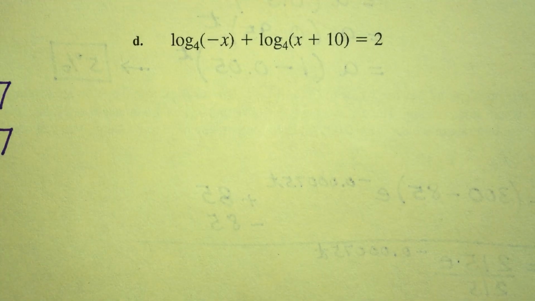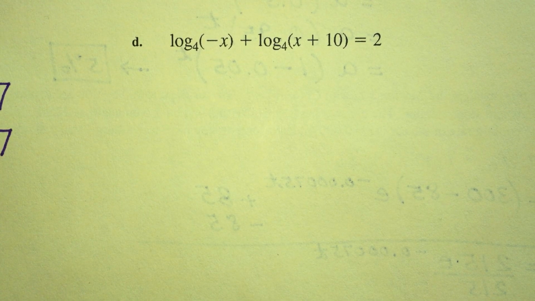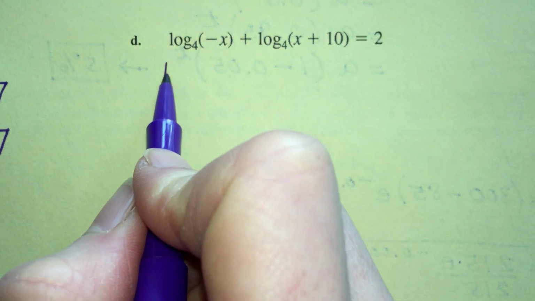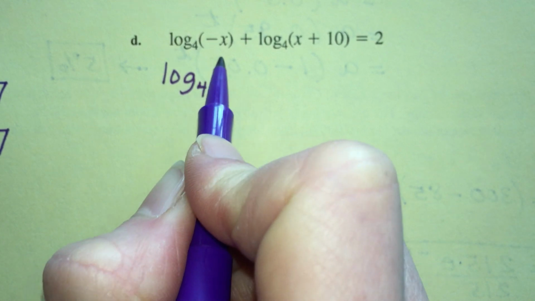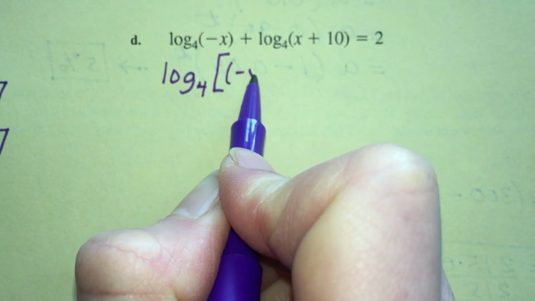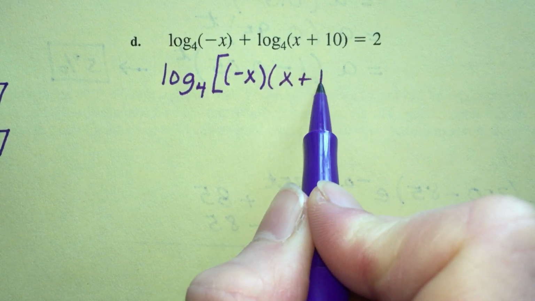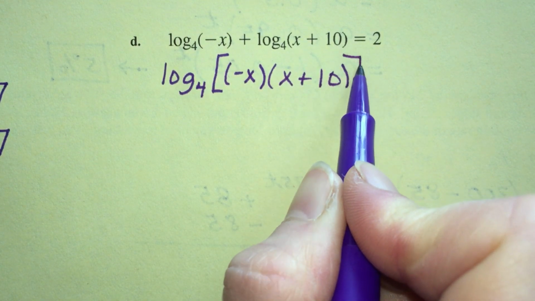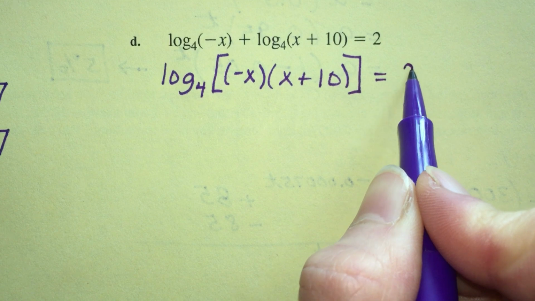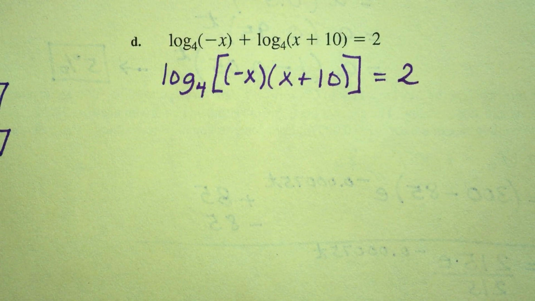In our last problem, we do not have 1 log. We have 2 logs. So we're going to use the product property in order to condense the 2 logs into 1. So they're both base 4. We're going to put them together now, and we have negative x, and we have x plus 10. Both go into the answer of the log product property.